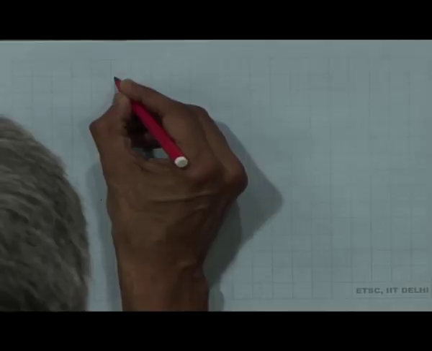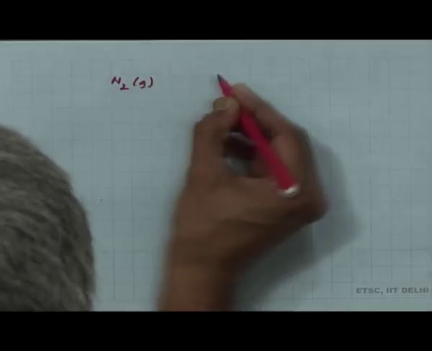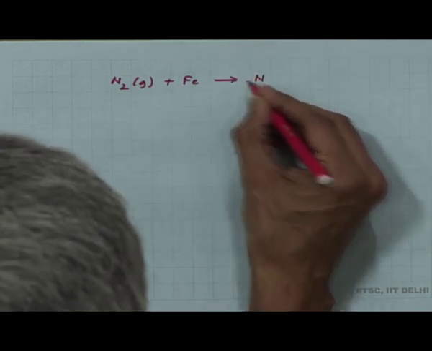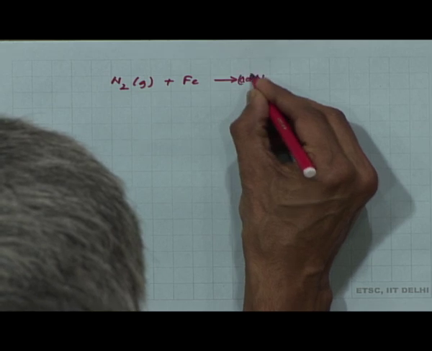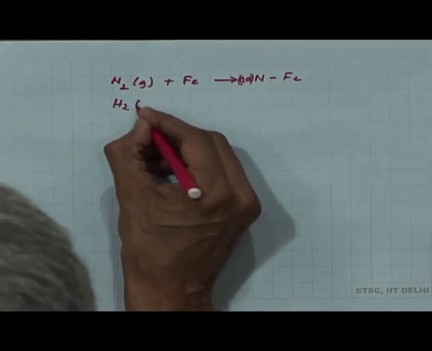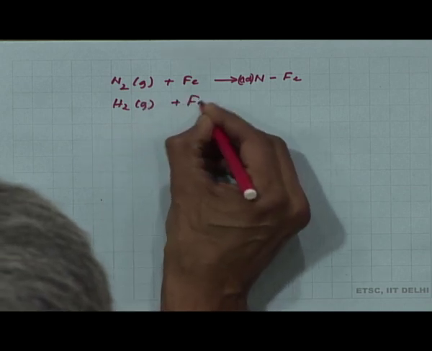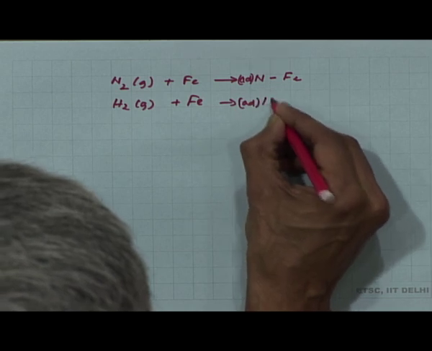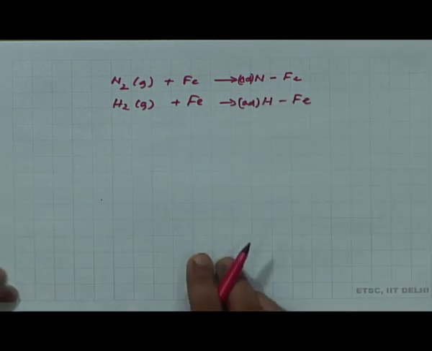N2 gas will bind to the surface to give you N adsorbed onto Fe. H2 gas will adsorb to the surface of iron.